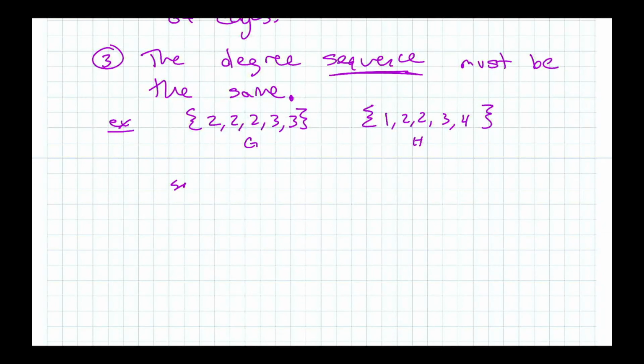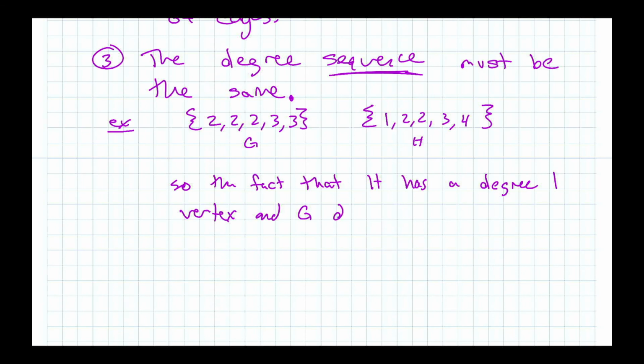So in that example, the fact that H has a degree 1 vertex or a degree 4 vertex and G doesn't automatically means that they are not isomorphic without doing any more work.